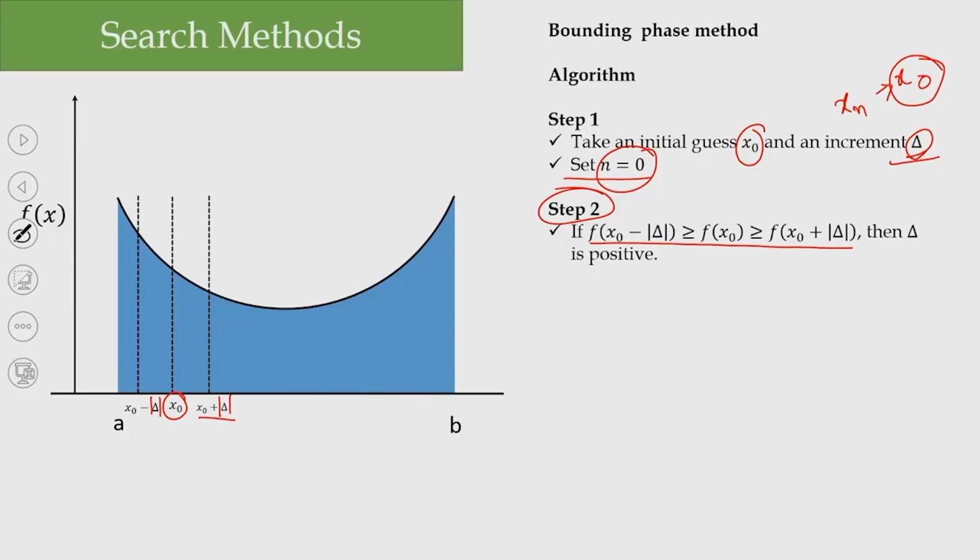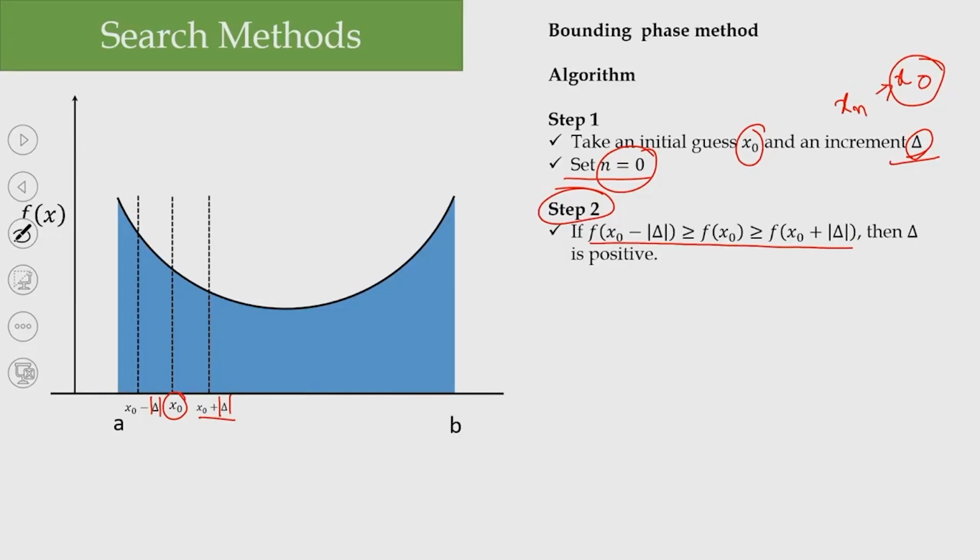Now, after taking these 3 points, we are checking whether f of x naught minus absolute value of delta is greater than f of x naught, and f of x naught is greater than f of x naught plus absolute value of delta.